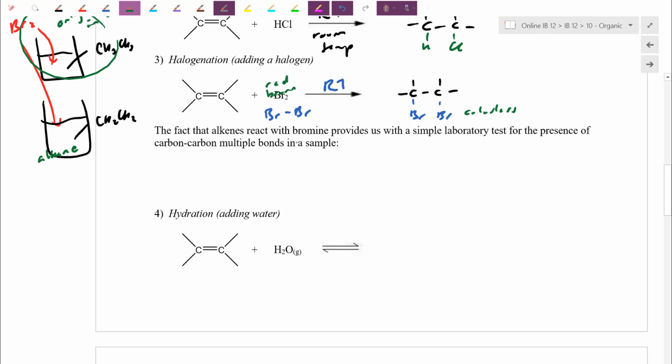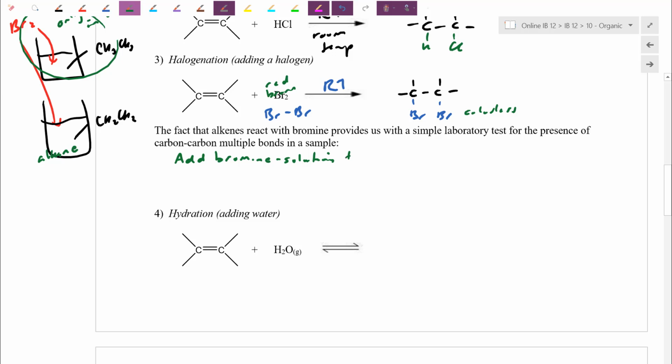So the fact that alkenes react with bromine at room temperature makes it a very simple lab test for the presence of multiple bonds. You can even have a triple bond. You can even have many different double bonds here. If the bromine just adds across the double bond, it's going to inform you that there's a multiple bond. So typically we're going to add bromine solution. It could be just pure bromine, but usually we've diluted it in a little bit of water to make it less concentrated.